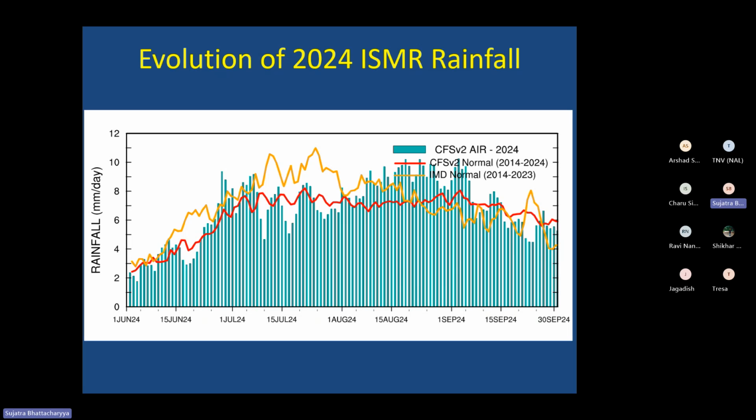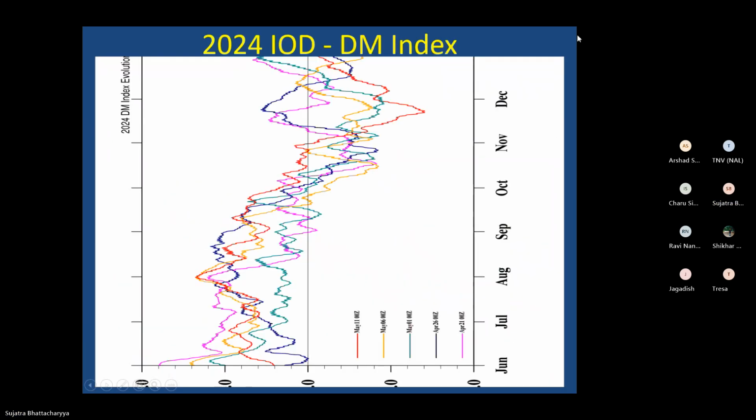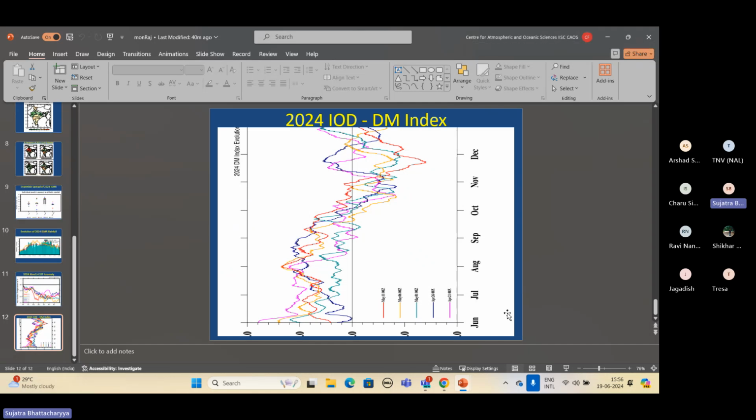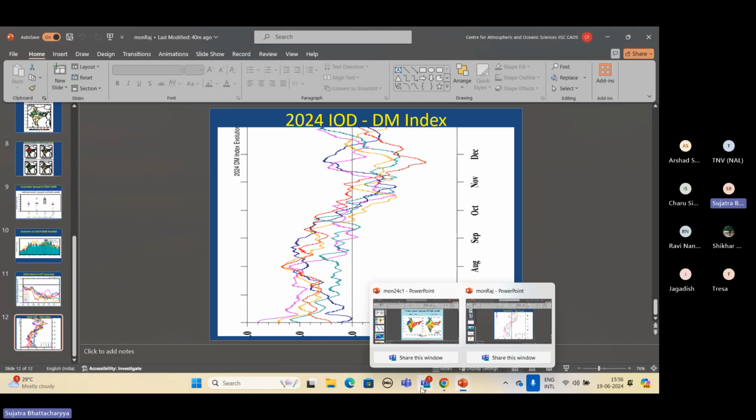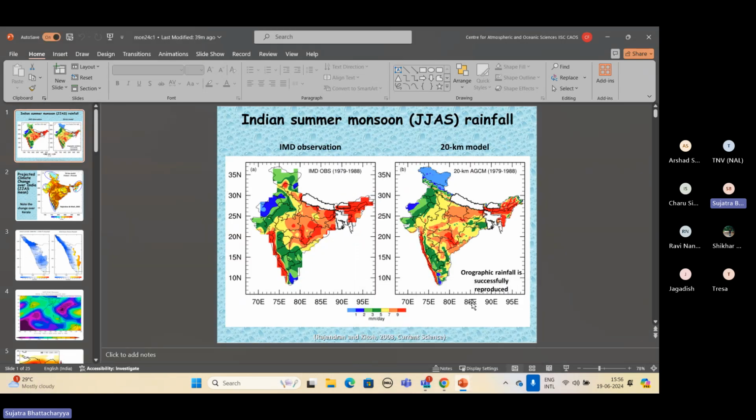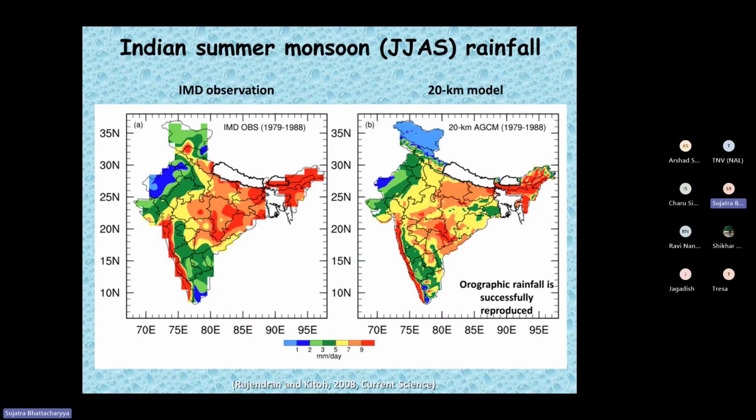Okay, so I'll go to my presentation. Before I start, I want to say a few words about why Rajendran was selected for this post. There is an interesting history behind it which many of you who have been here recently don't know.